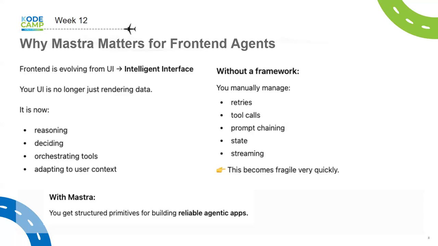So we must try to get structured primitives for building reliable agentic apps. Okay. If you didn't have Mastra, you would be managing retries by yourself, which means if you were to make an API call and it fails, you have to catch the exception and try again. And even that second try, if it fails again, catch the exception and try again.